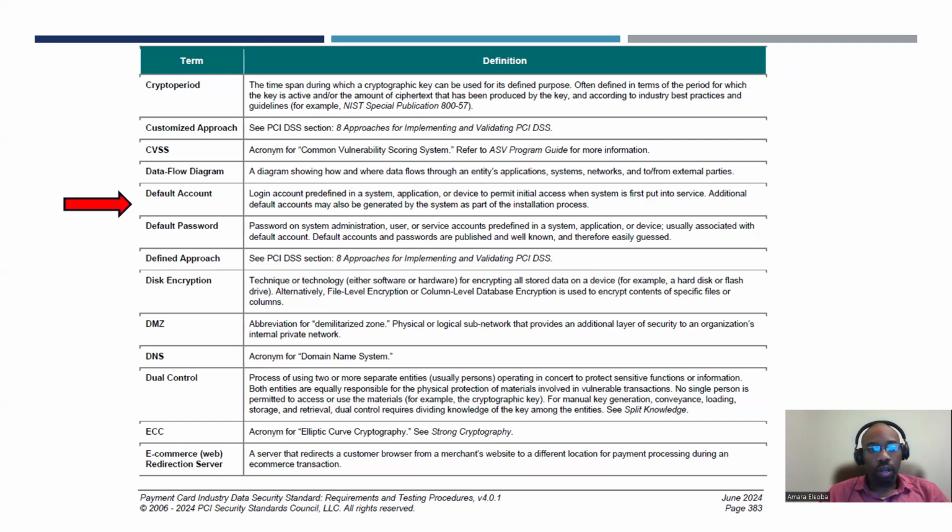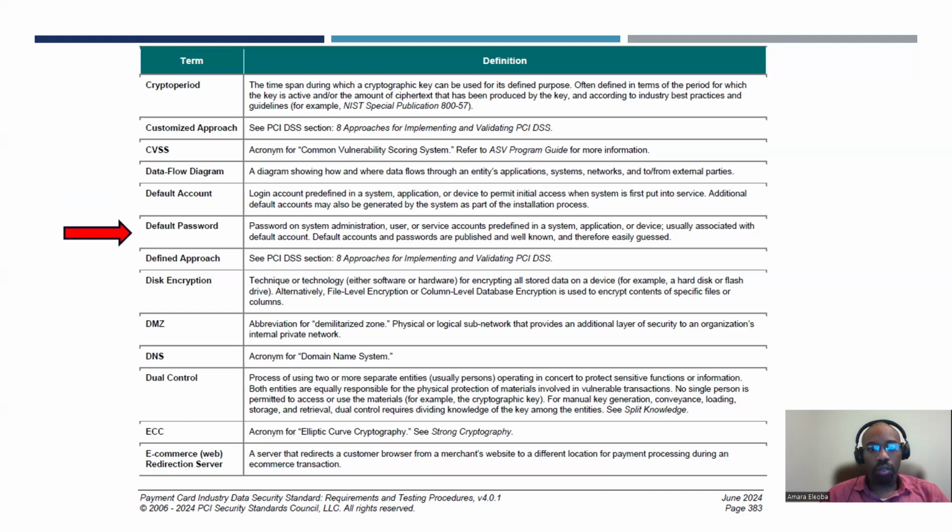Then default account. Default accounts are login accounts that came with the application or with the server or with the system. Those are what we call default accounts that the manufacturer or the vendor put there for testing purposes. Then default password, the same thing.